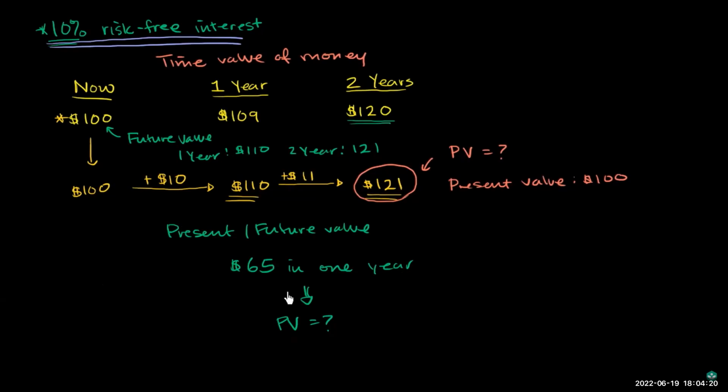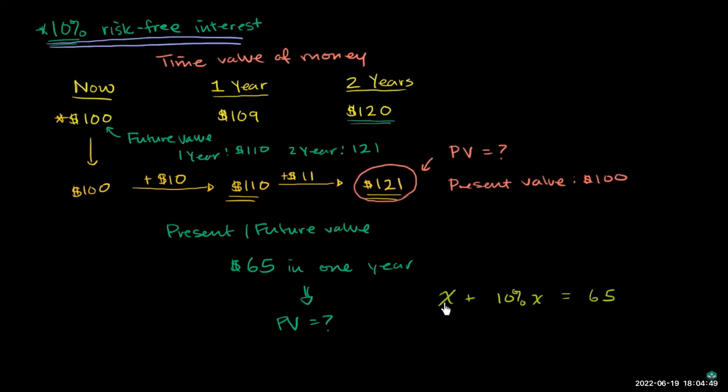And so you would say, well, whatever amount of money that is, let's call that x. X plus 10% of x should be equal to our $65.